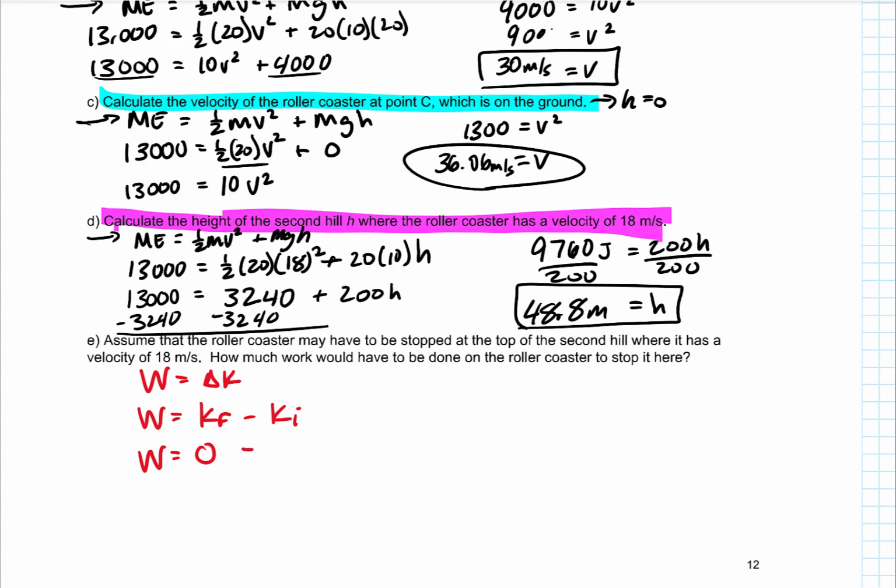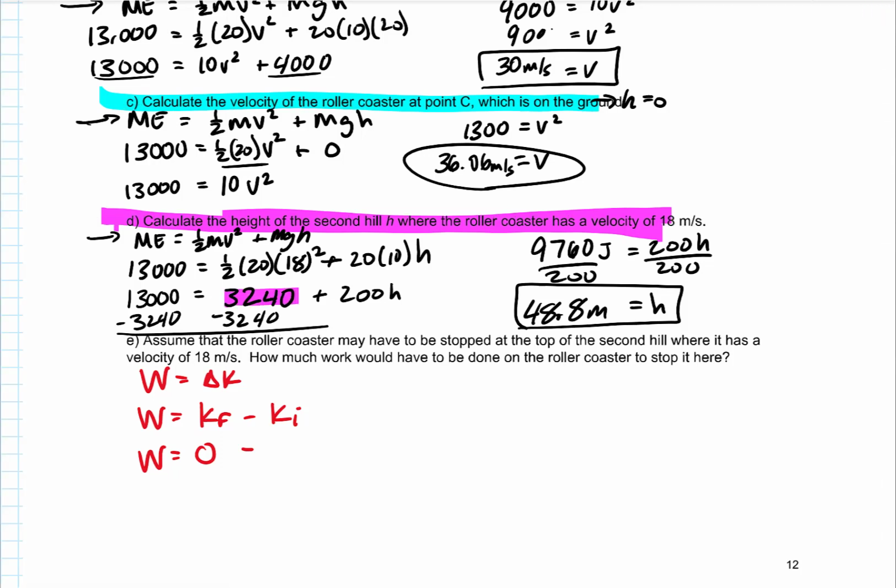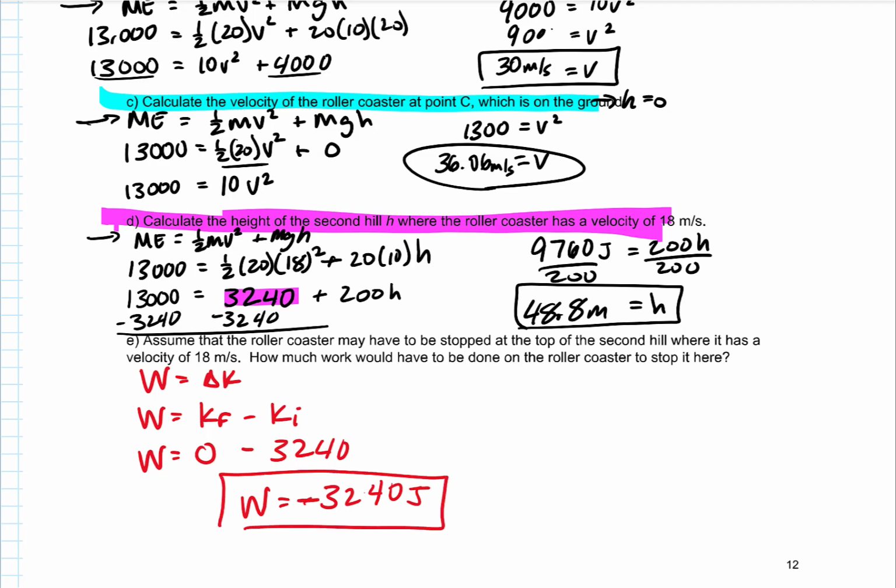And then we're going to subtract the kinetic energy that the thing has when it is moving at 18 meters per second. Well, that's 3,240. So 0 minus 3,240 joules. So that work is negative 3,240 joules. In order to stop it, we have to do this much work, and it has to be negative because we are stopping.